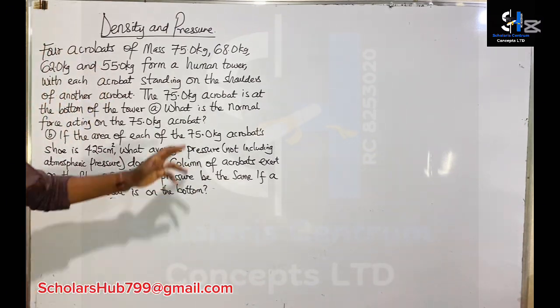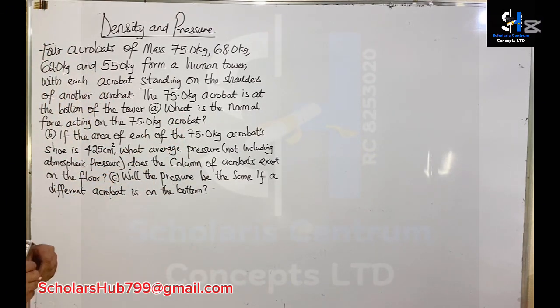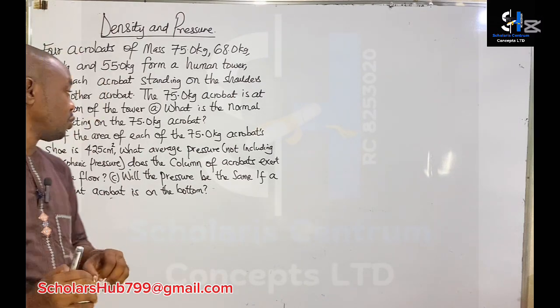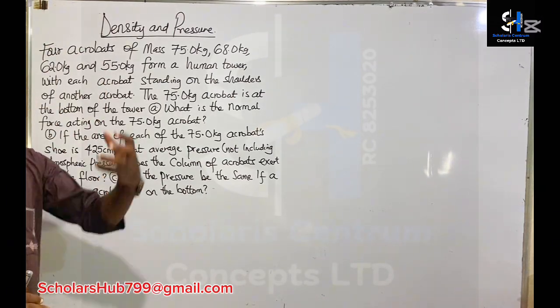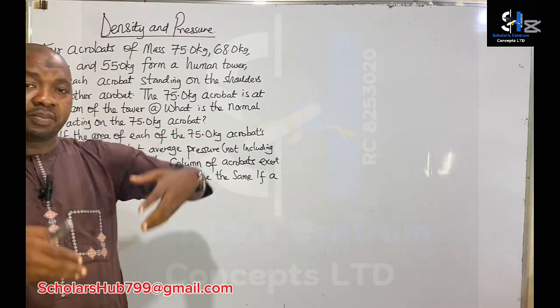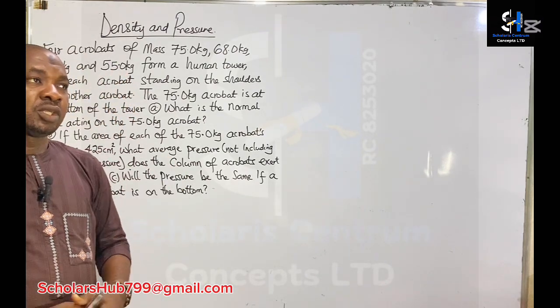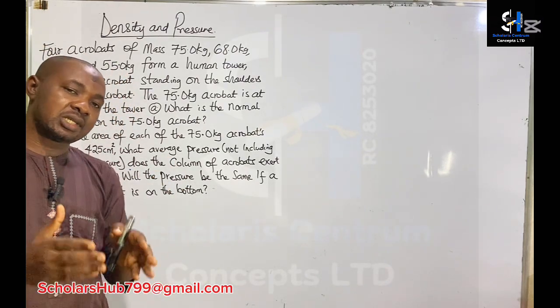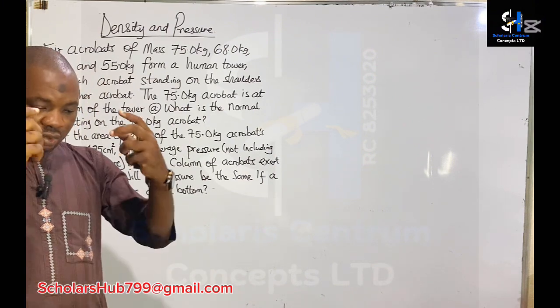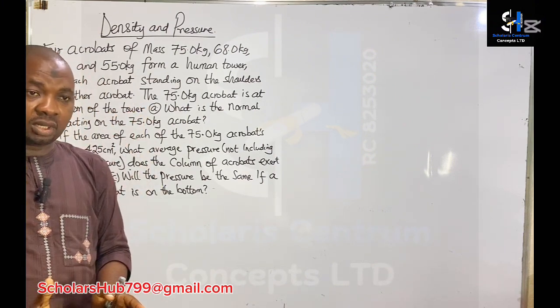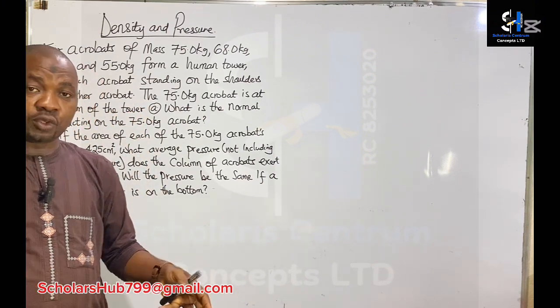Here we want to find the normal force acting on the 75 kilogram acrobat. That is the total weight above the person at the bottom. Normal force is the force acting at right angles, or normally, or perpendicular to a surface. You understand?